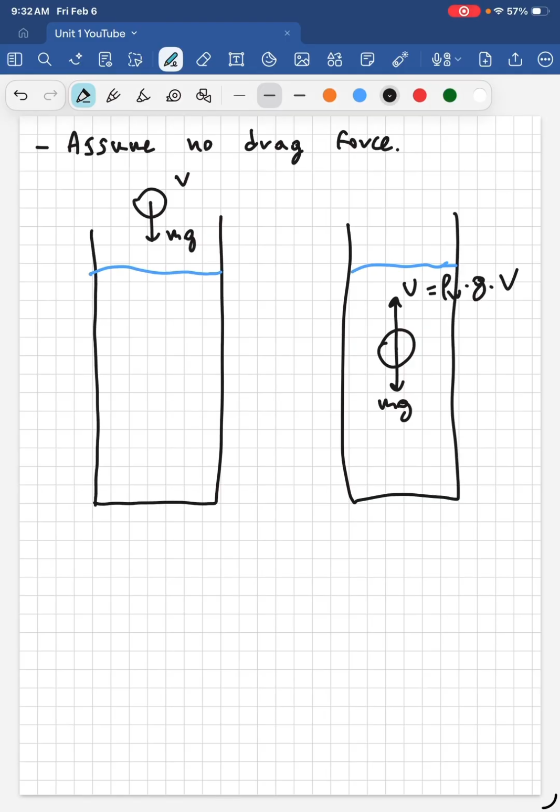And there are three cases. In the first case, if the weight is larger than the upthrust, the object sinks, right?